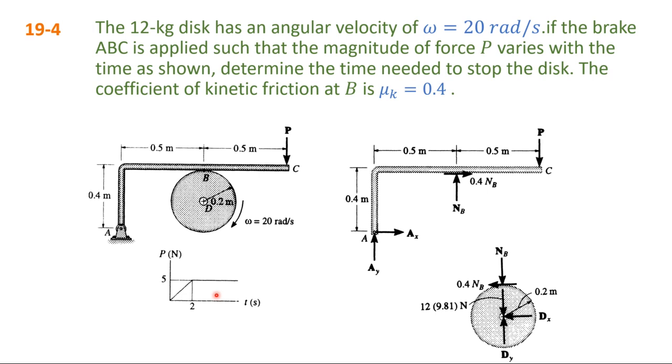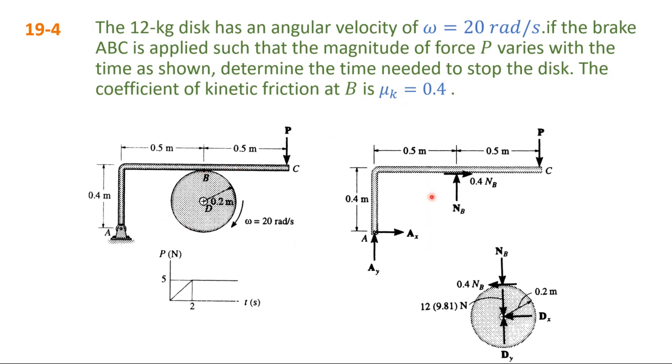We need to find the time required to stop the disk from rotating. The coefficient of friction between the disk and the brake is given as 0.4.